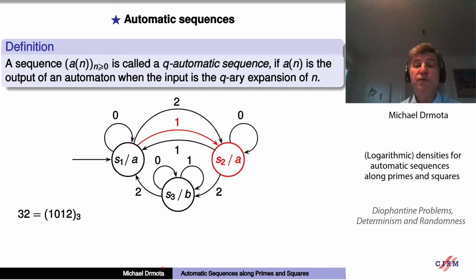So we move to the next state, but the next state is again the state 2 because the transition 0 doesn't change the state in this case. The next digit is 1 and the fourth one is 2. So we move further according to these transitions, 1 and finally 2. So we end up in state 2 and the output is then A if the input is 32.